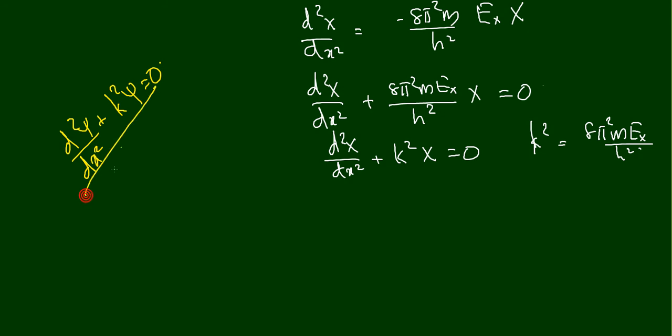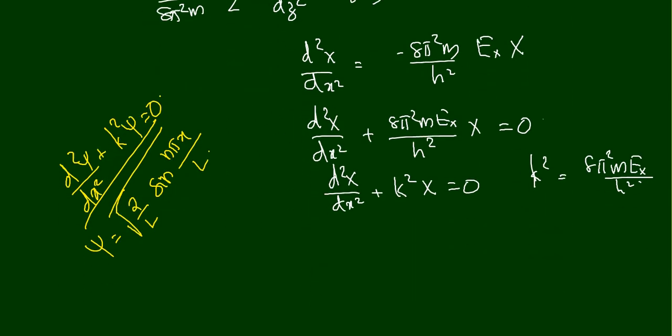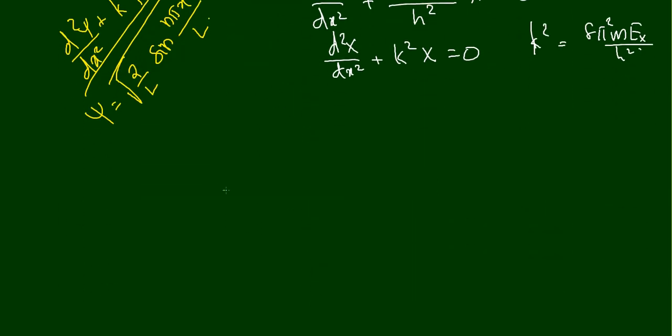In the case of particle in a one-dimensional box, we had a solution like psi is equal to root of 2 by L sine n pi x divided by L. This was the solution there, right? And we will have a similar solution for this case also, for equations 3, 4 and 5. So how can we write the similar solutions here?